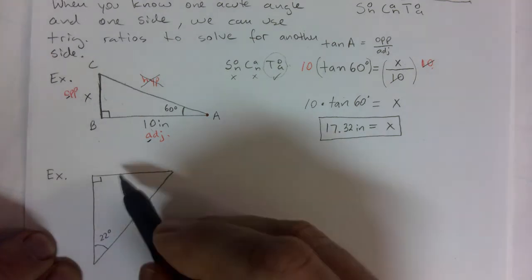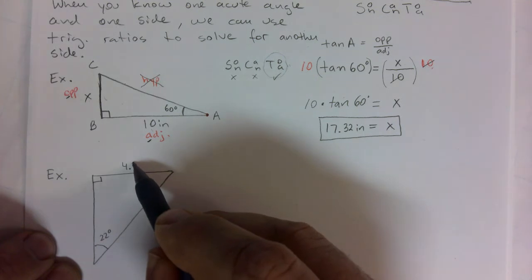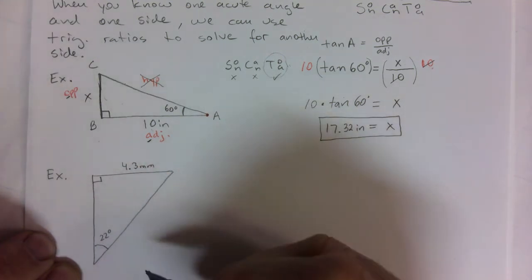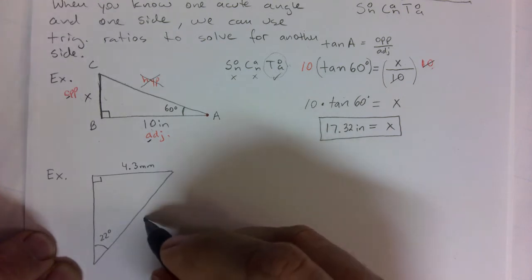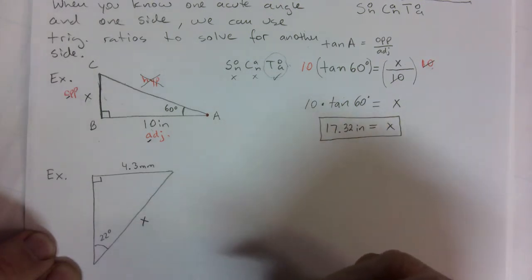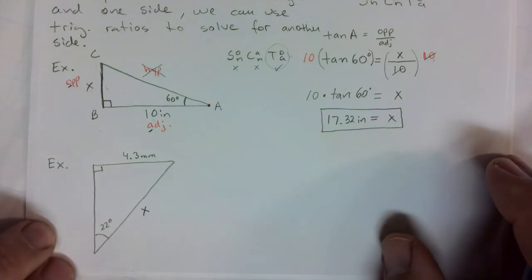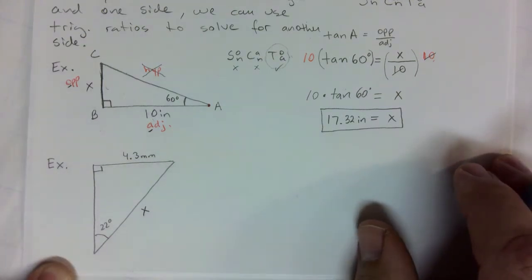And we know that this side here is 4.3 millimeters. Haven't used millimeters in forever, right? In a long, long time. And this is going to be your unknown. So copy that triangle, and then we'll get started.